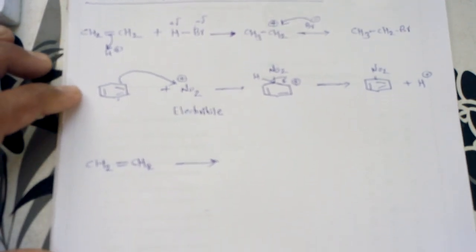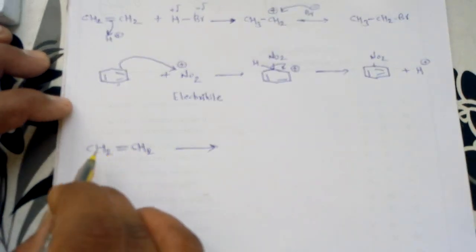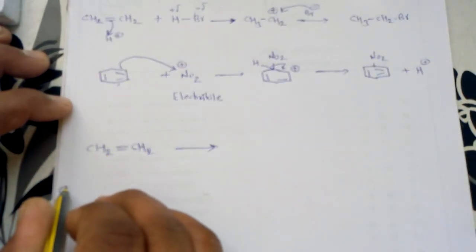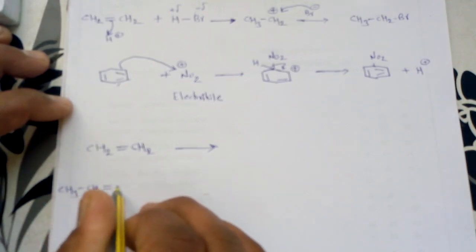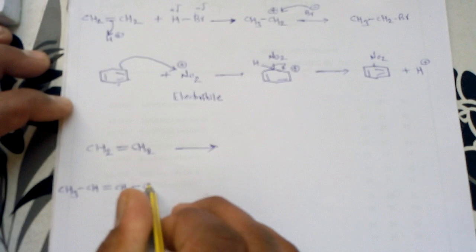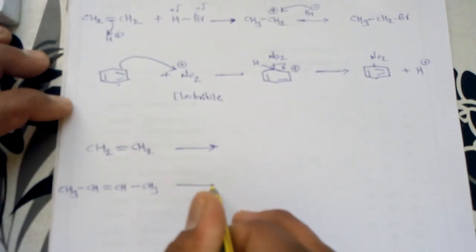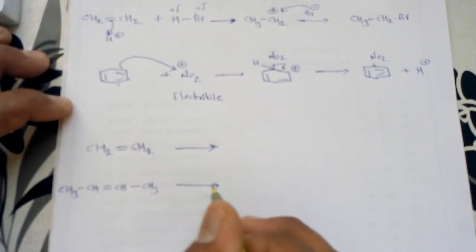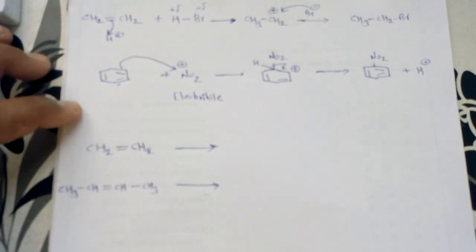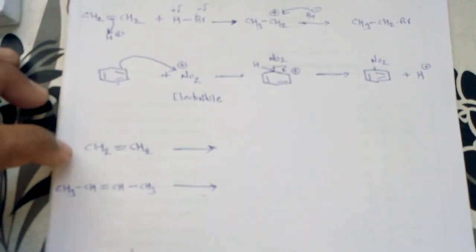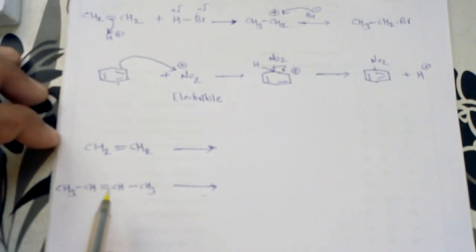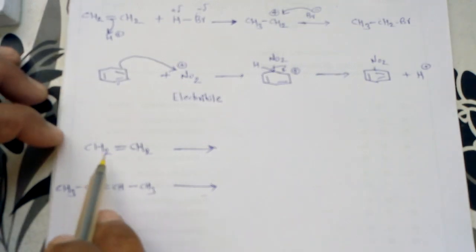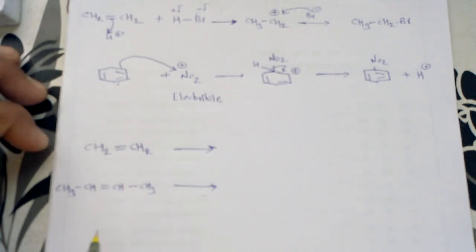At the same time, I take another molecule from the same family, that is CH3 single bond CH double bond CH single bond CH3. These two simple molecules I take here for our discussion. The first molecule is called ethylene, the second is called 2-butene. Both have the similar type of functional group, that is carbon double bond carbon. Both compounds belong to the alkene family.